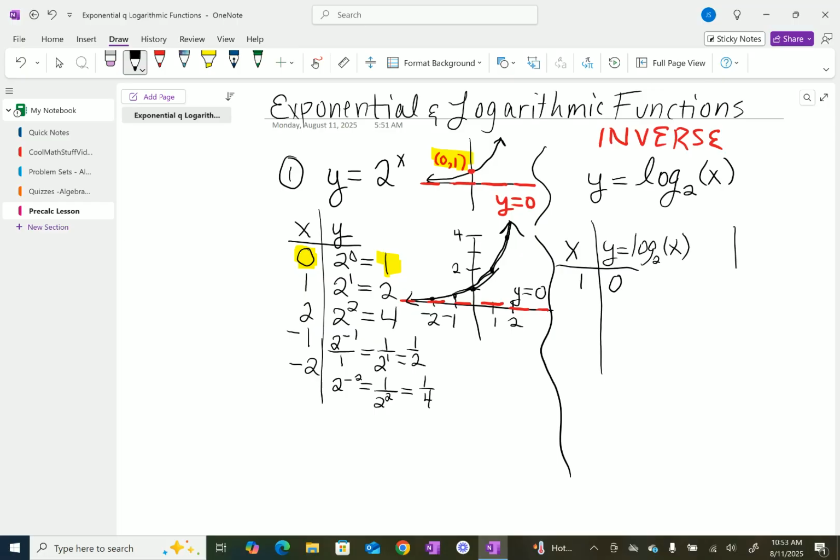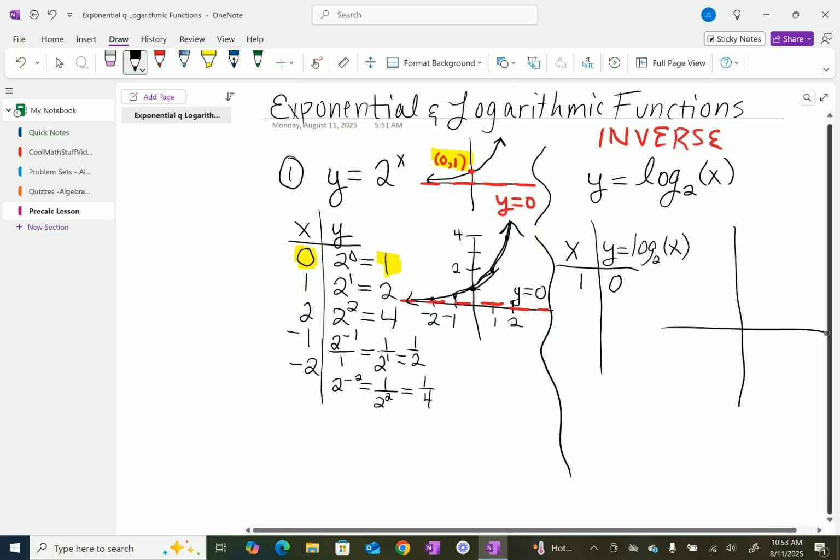So every log function goes through 1, 0. Okay? And then instead of 1, 2, I get 2, 1. So I'm just kind of plotting those as I see them. And then we also get, instead of 2, 4, we get 4, 2. And I think you see I'm running off of my graph here. I should have made it smaller. Okay, so I get 4, 2 way over there.